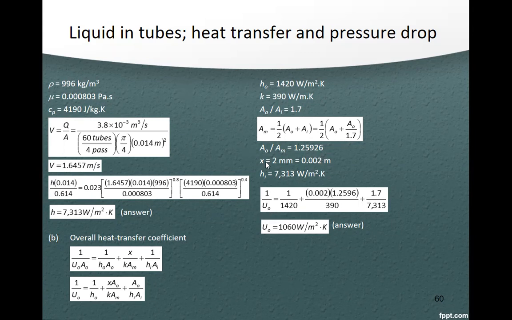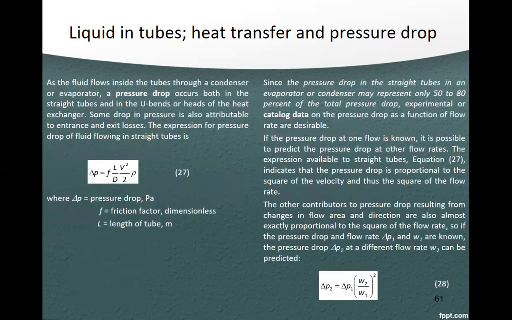Okay, liquid in tubes. So as the fluid flows inside the tubes of a condenser or evaporator, a pressure drop occurs both in the straight tube and in the U-bends or heads of the heat exchanger.